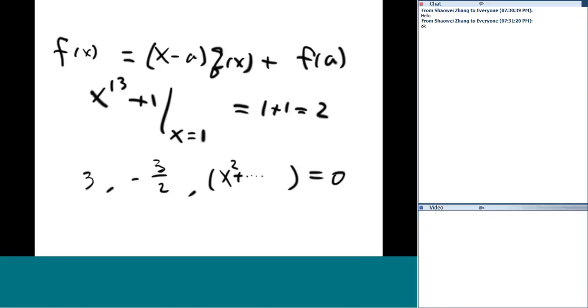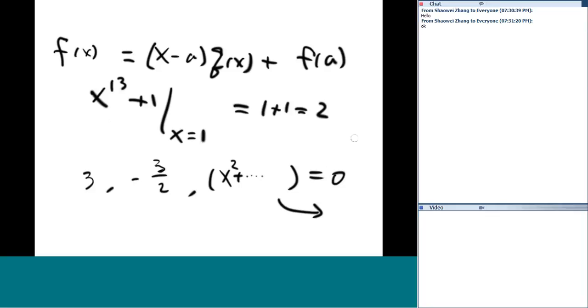Should be easy, okay? I got 3 plus or minus i square root 19 over 2. William, you have the same thing? Yes, except I didn't bother to find the two complex roots. Okay, that's fine. As long as you know.